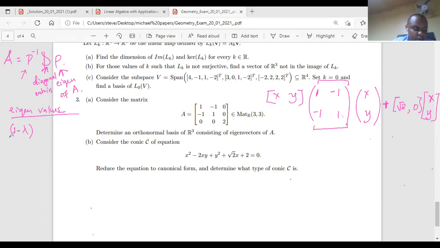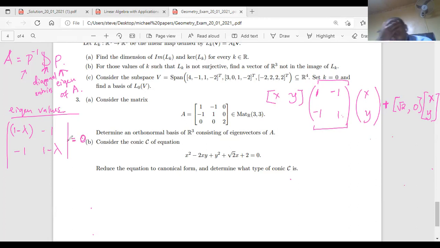I'm sorry, I'm getting confused too. 1 minus lambda, minus 1, minus 1, and 1 minus lambda. We just do everything so it goes smoothly. And then we equate the determinant to 0.